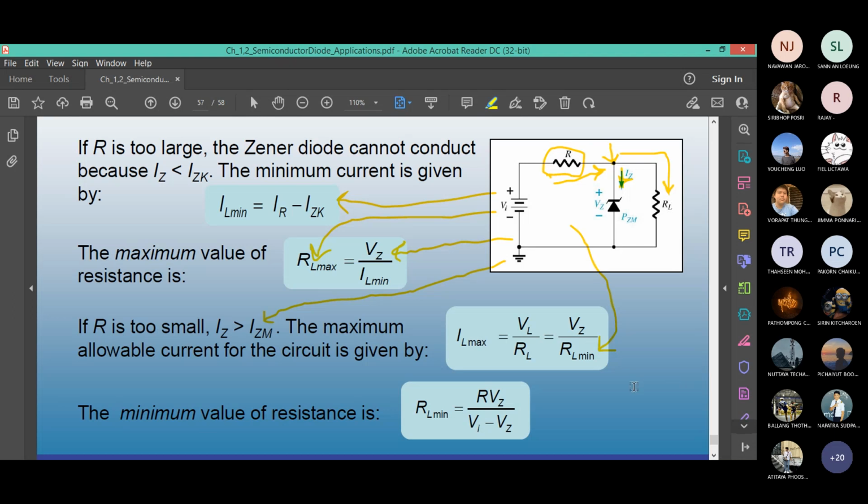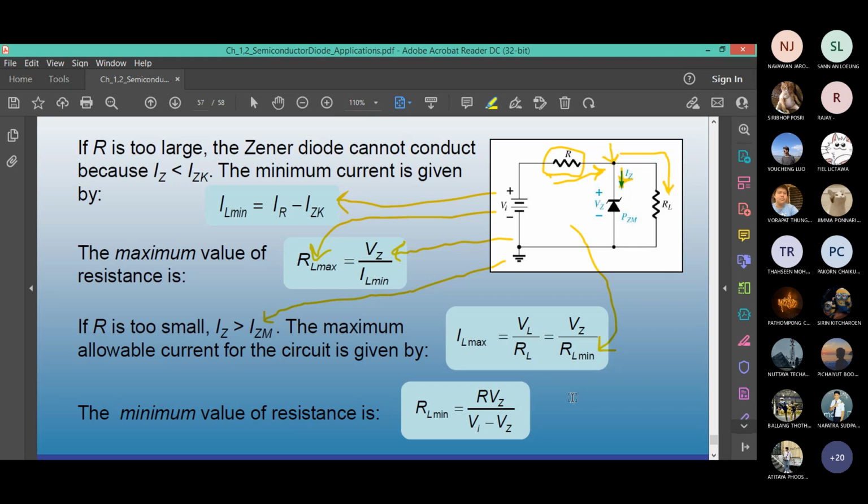So what is the value? The minimum resistance value RL is R times VZ divided by VI minus VZ. Where does it come from? It came from the voltage divider equation.